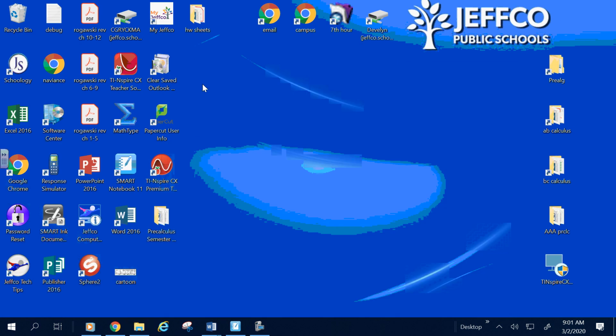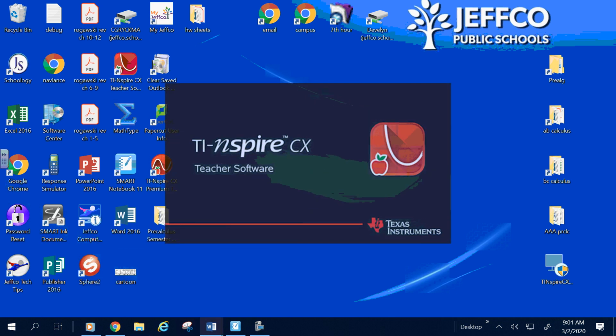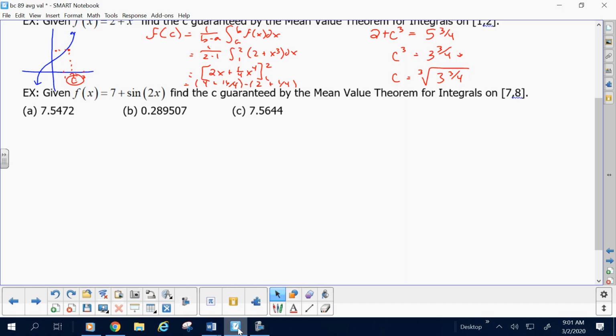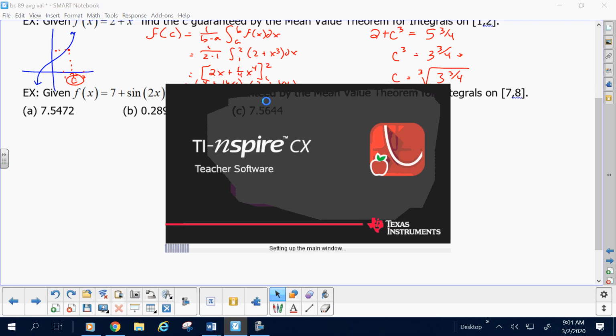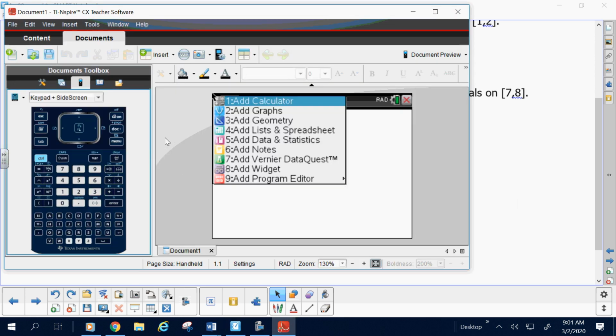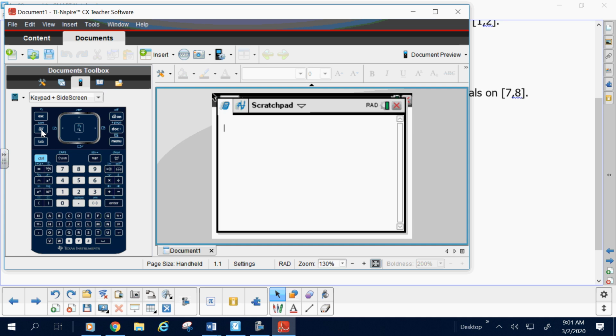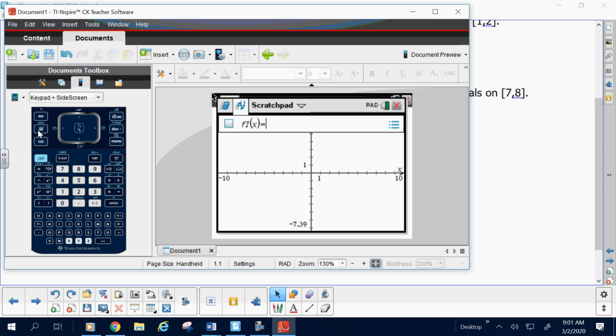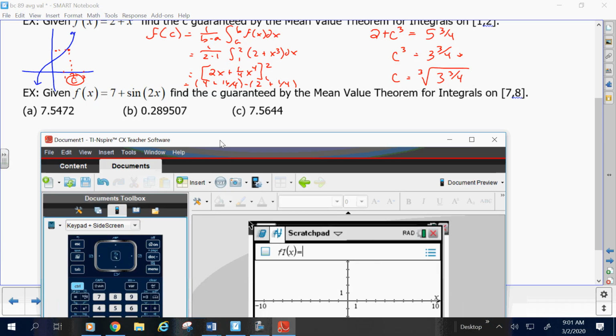So many windows open. So you'd be wise to do a little paper and pencil work before you use your calculator, because you're not ready to use your calculator yet.